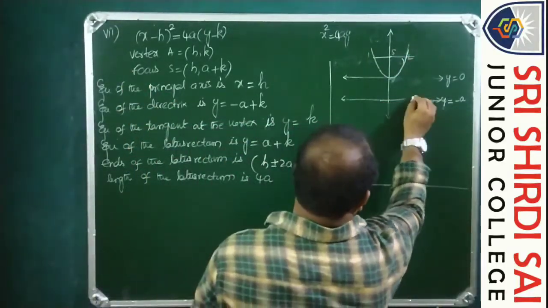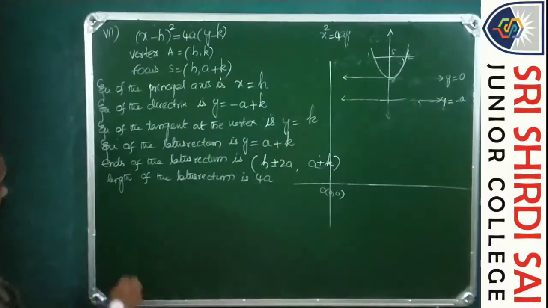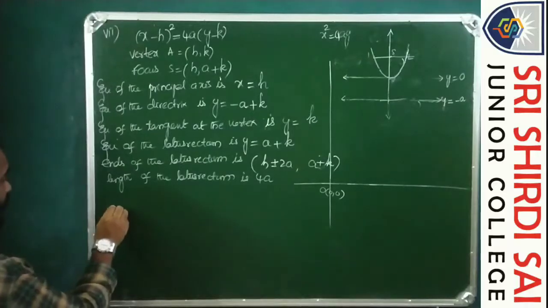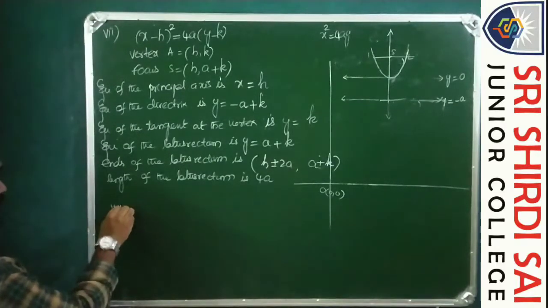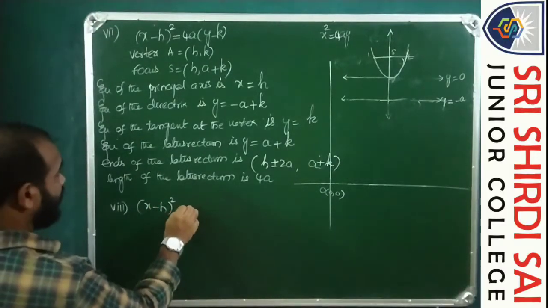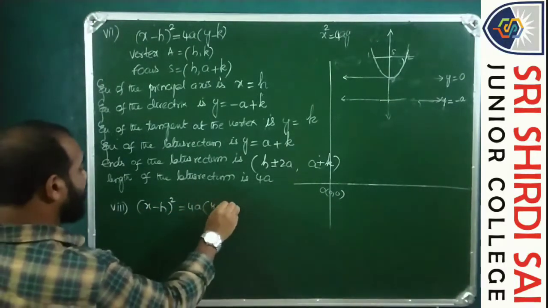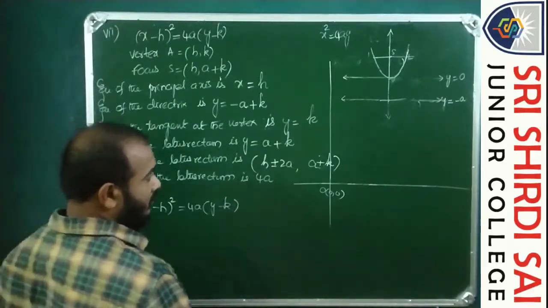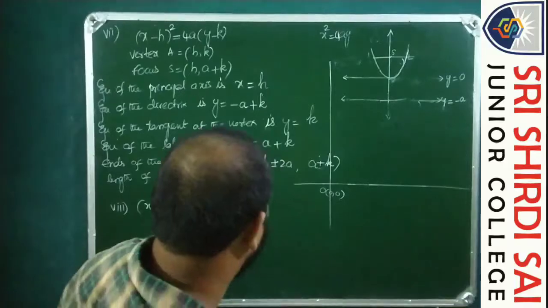Okay, and finally, the last one: x minus h whole squared equals minus 4a into y minus k.